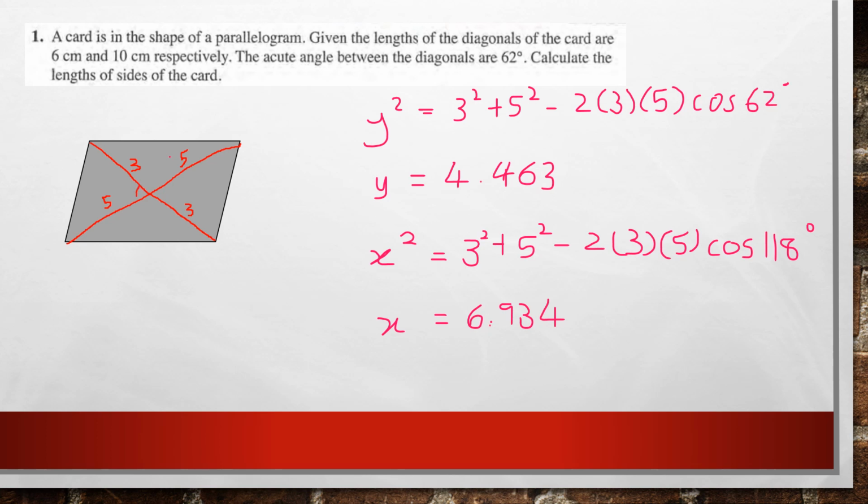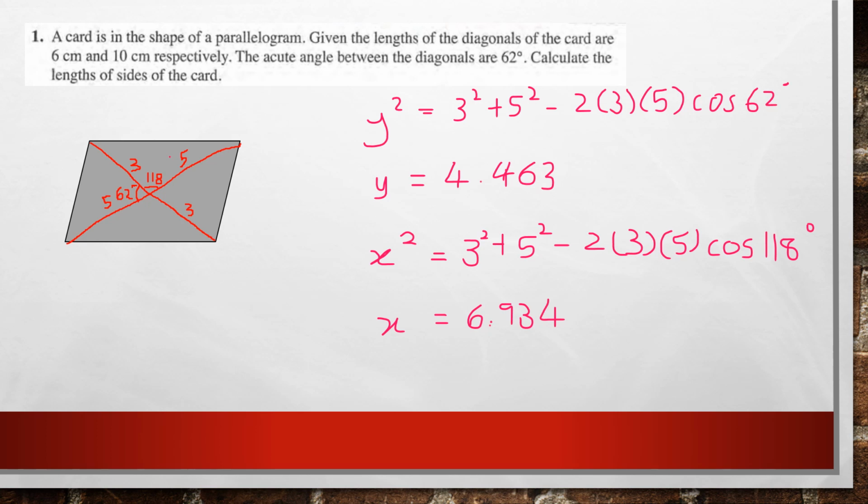So this is the acute angle, and you can label this angle as 62. So if this is 62, the obtuse angle here will become 180 minus 62. That means this angle will be 118.